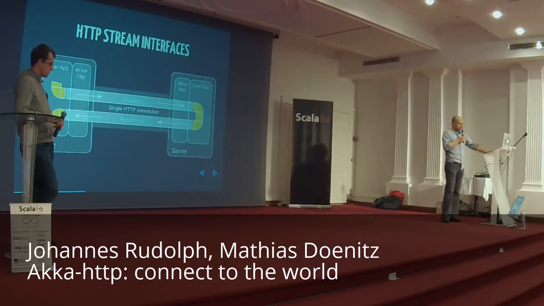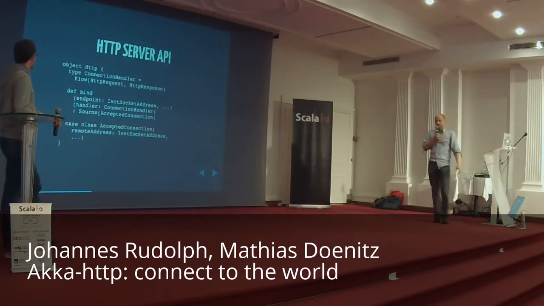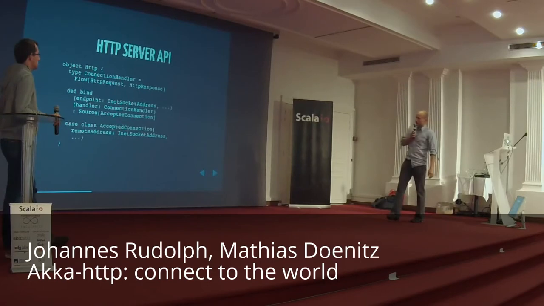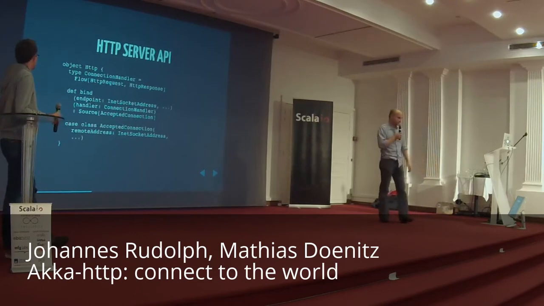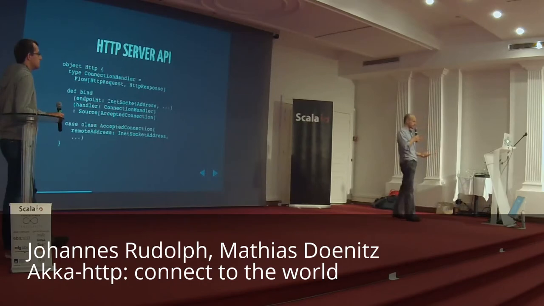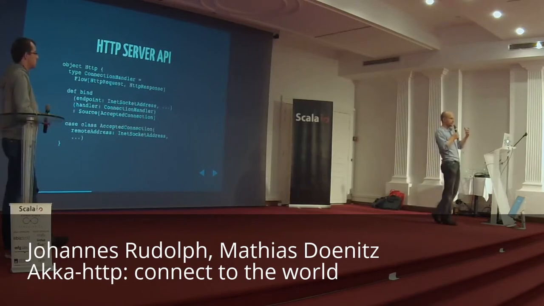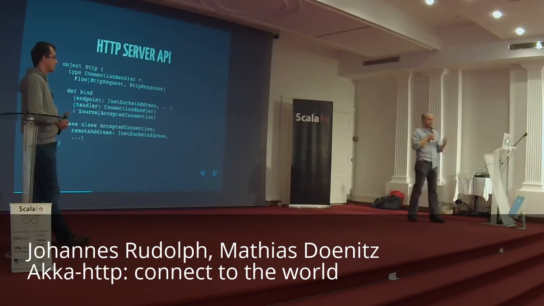Cool. So what does it look like in code? Let's look at the server side first. This is our current guess for the server side in Akka-http. Let's see what this looks like. We have something called a connection handler, and a connection handler is just a name for a flow. A flow is something provided by Akka Stream, which is the reactive streams implementation from Typesafe that is part of Akka.